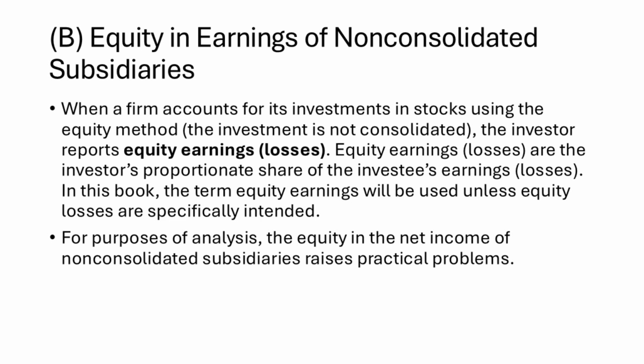The investor reports the equity earnings or loss, the investor's proportionate share of the investee's earnings. If the investor owns 20% of the stock of the investee, for example, and the investee reports income of 100,000, then the investor reports 20,000 on its income statement.